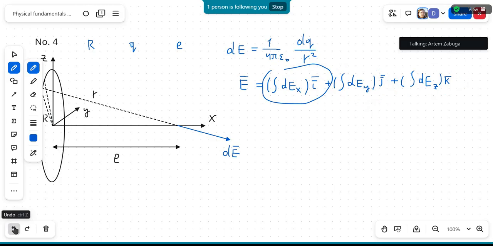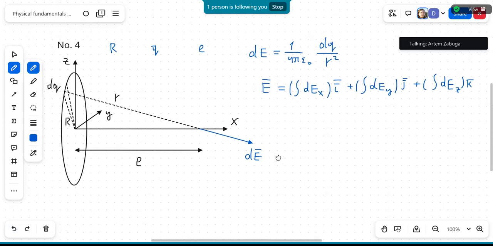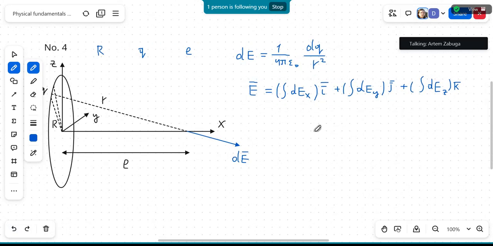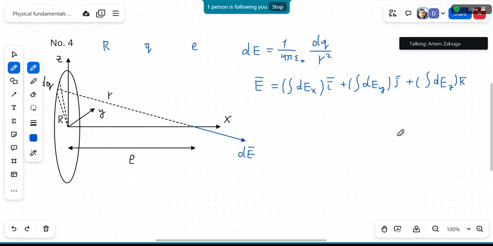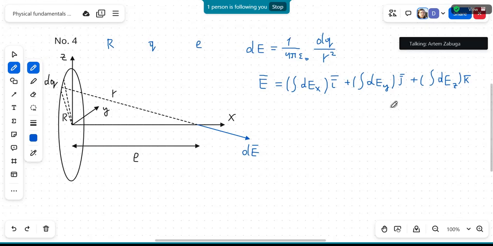But there is another way. In this special case on the picture, we don't have to calculate all of them. For example, what can you say about these two terms according to the picture?